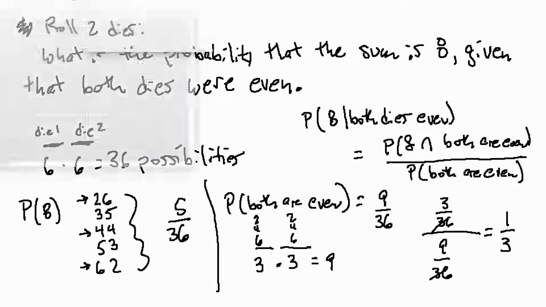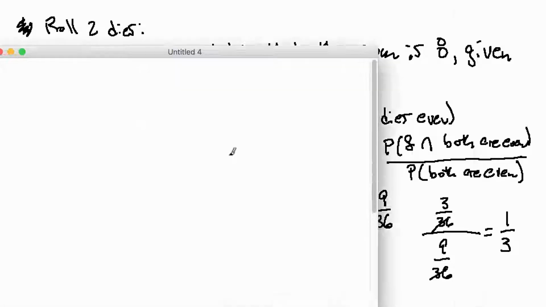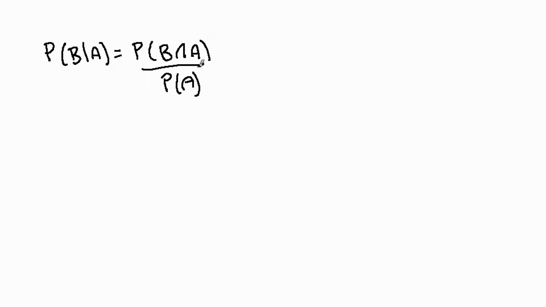A couple of things to note here. Again, these are right in your book. This is just manipulating formulas. So we have the probability of B given A is B intersection A over P of A. If I multiply both sides by P of A, that gives us another formula that we'll find useful.